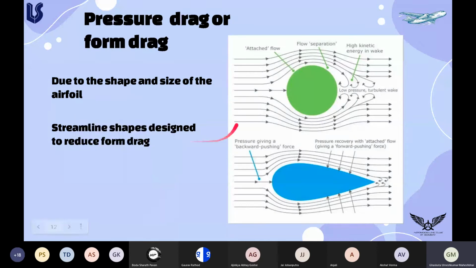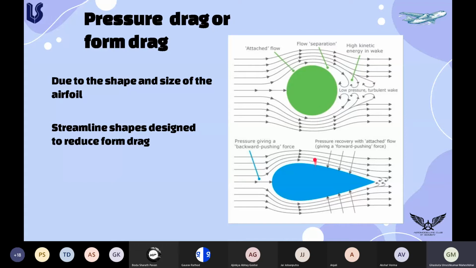Here you can see in the first diagram, due to flow separation, low pressure is generated at the back side. Here is a higher pressure and here is a lower pressure. So the net resultant force acts toward the back side, so it's called pressure drag.